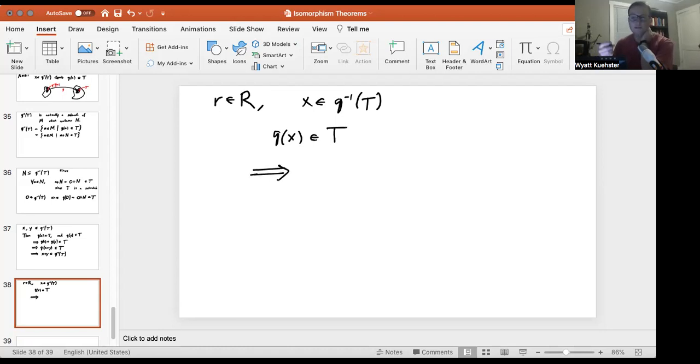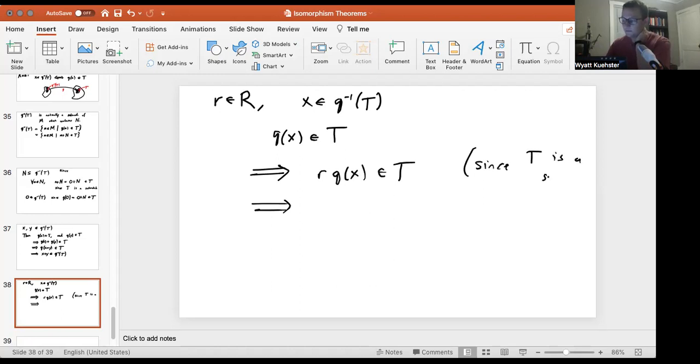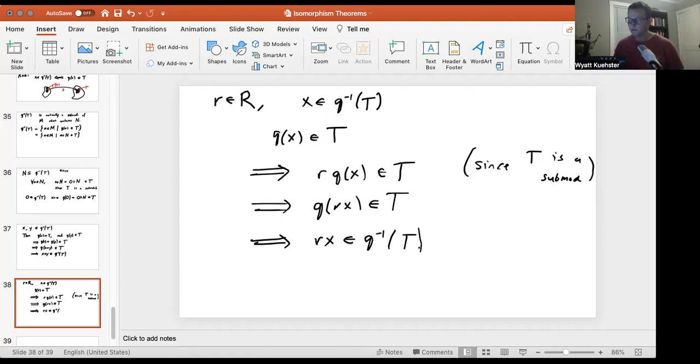So T is closed under scalar multiplication by R. So R times Q of x is also in T. And then because Q is an R-module homomorphism, that means I can put this R inside here. So Q of Rx is in T. And then Rx is in the preimage of T under Q.